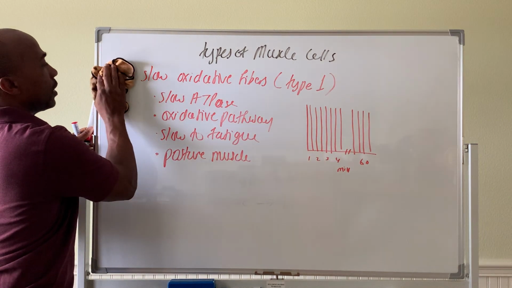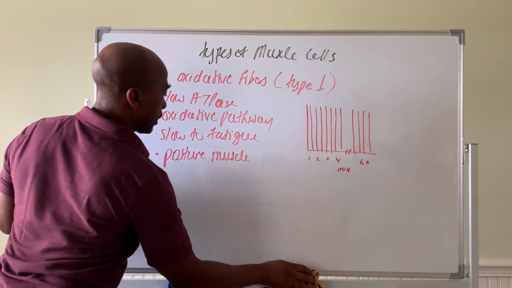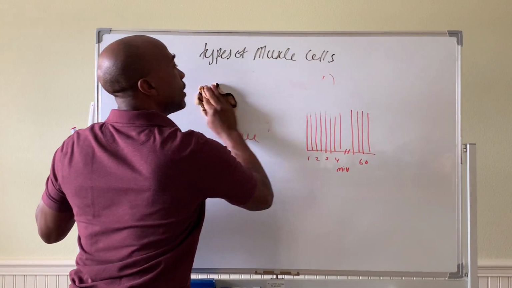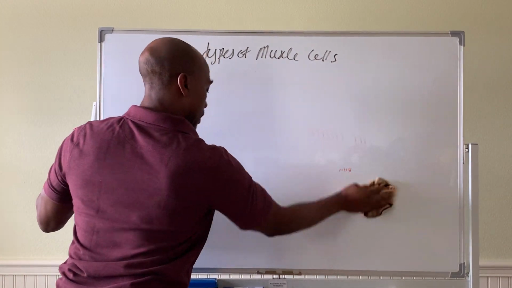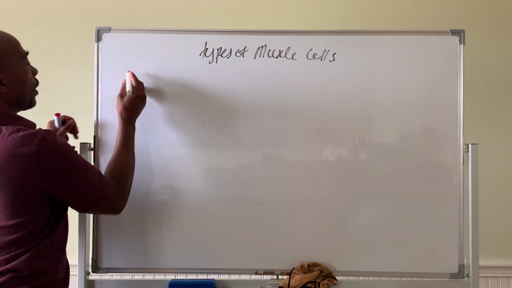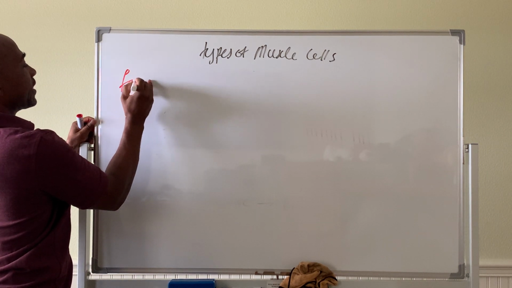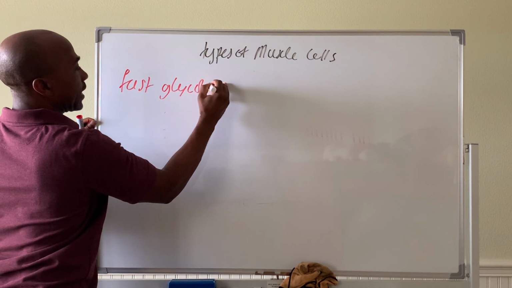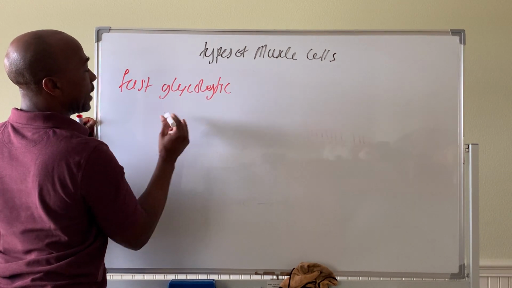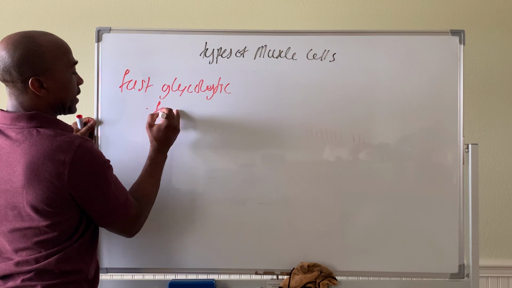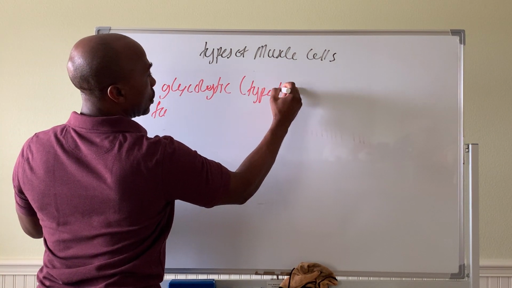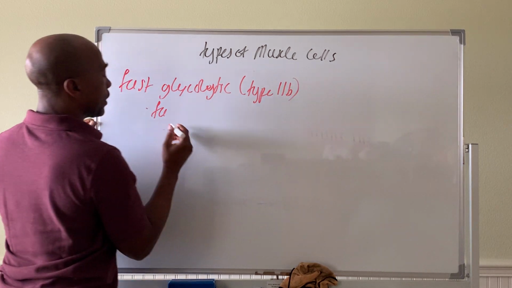Okay, let's try another one. You have your fast glycolytic ones. These have the fast ATPase, also called type 2B fibers.